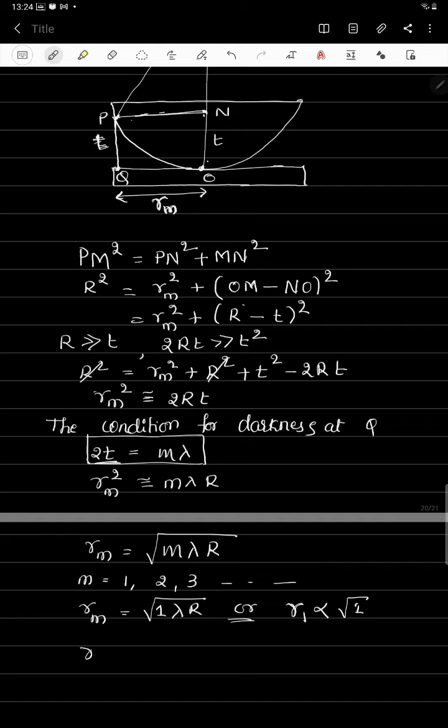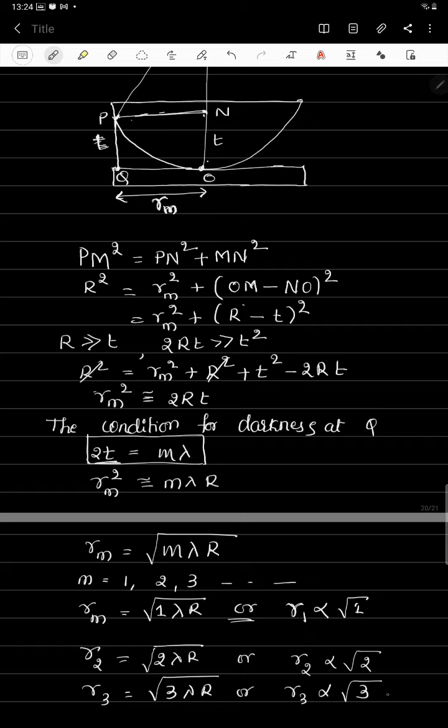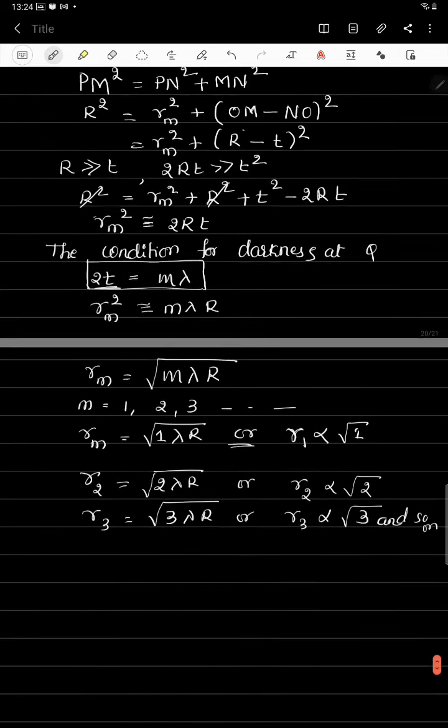Now the radius of the second dark fringe we can get by substituting m equal to 2, that becomes root 2 lambda R, or R2 is proportional to square root of 2, and R3 is the same, root 3 lambda R, or R3 is proportional to root 3 and so on. This continues.